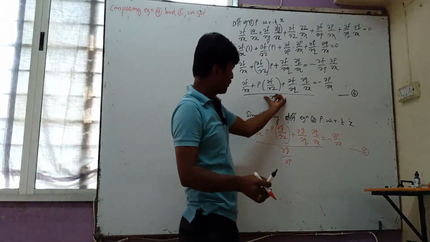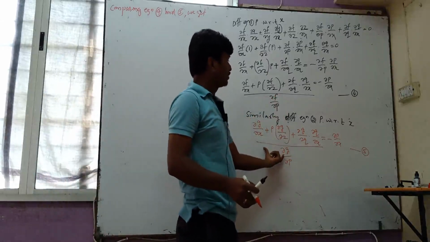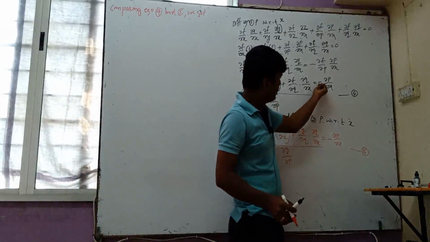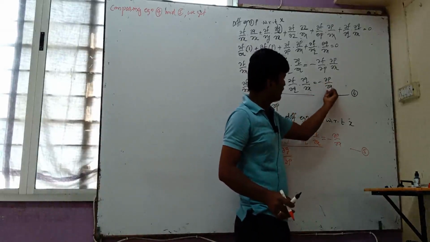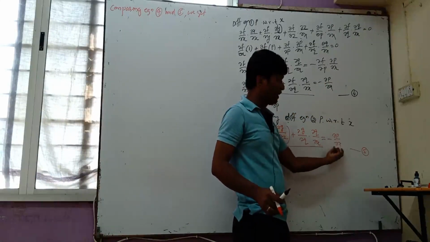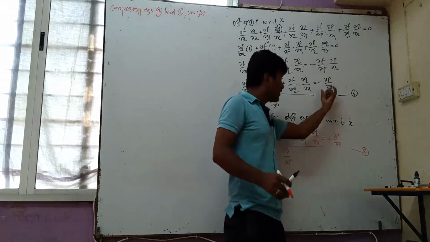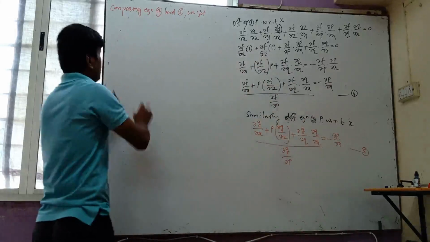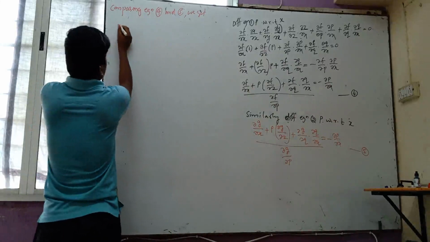Whatever is in this equation, I will write as it is. Because you know already here minus ∂p/∂x is there. Here also minus ∂p/∂x is there. So both are the same equations. That's why I will compare the equations.